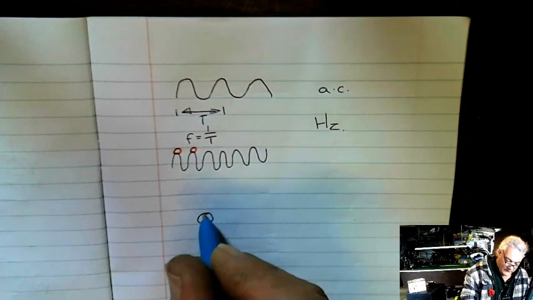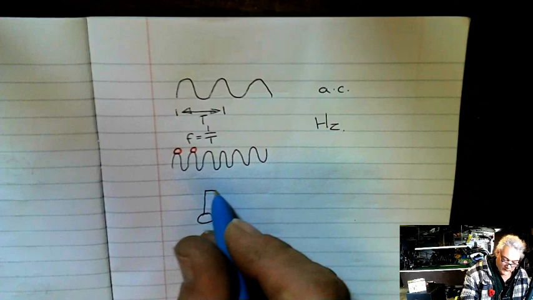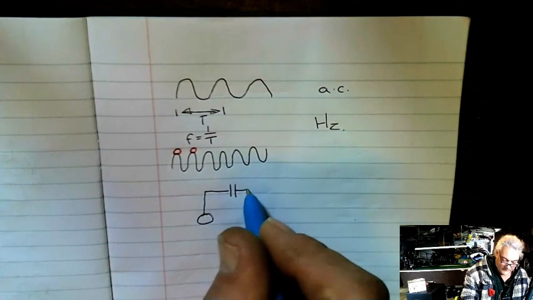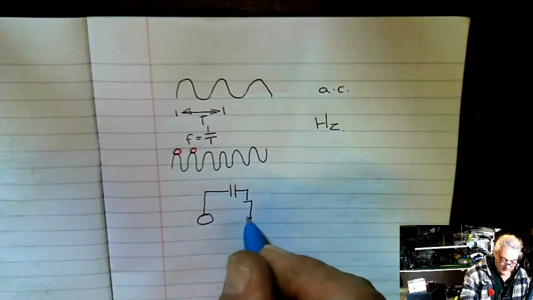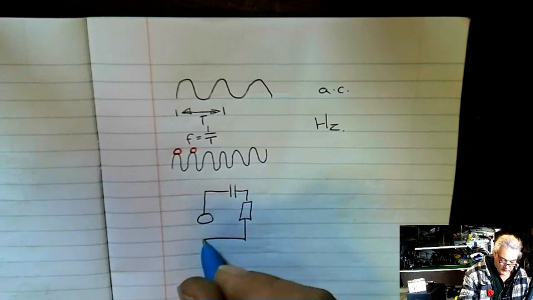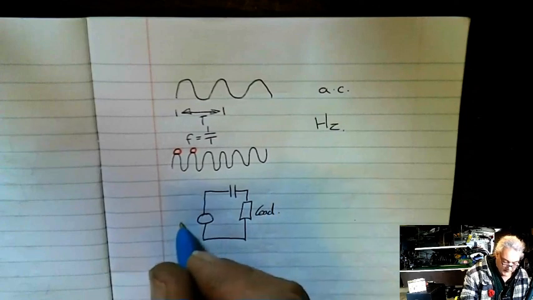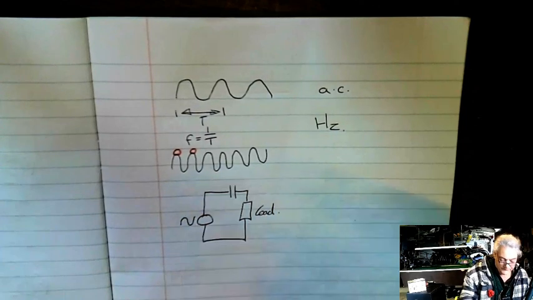And so we've got a voltage source, we have a capacitor, and we have a load, and we have an AC signal here.